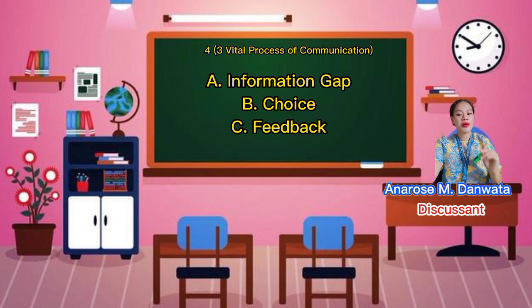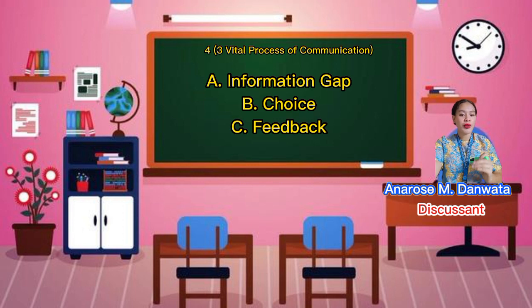So that is number 2 of the vital processes of communication. Number 3, or letter C, feedback. We as listeners, as receivers, should know the feedback of that message. Feedback: communication must adequately provide practice in using language for real purposes, that is, to verbalize the speaker's aims in everyday interaction.